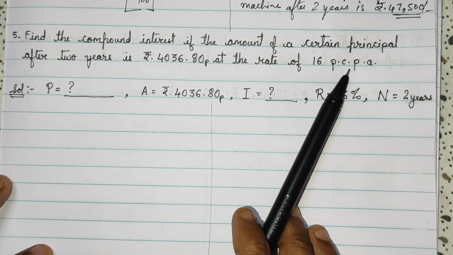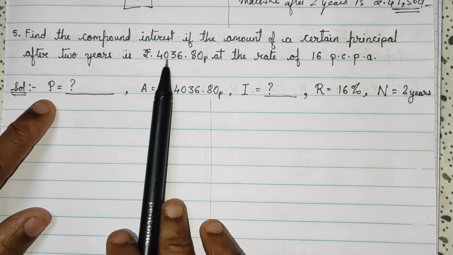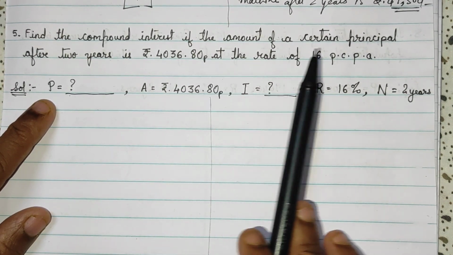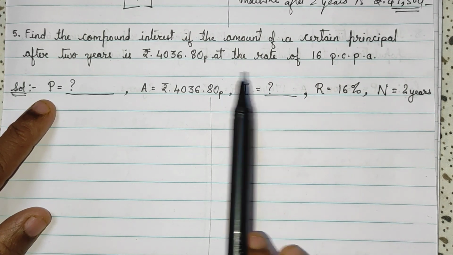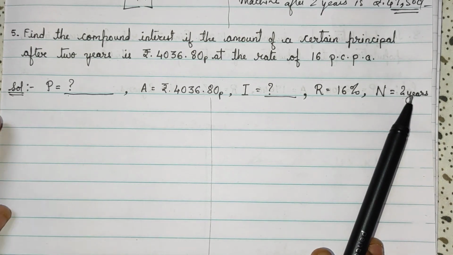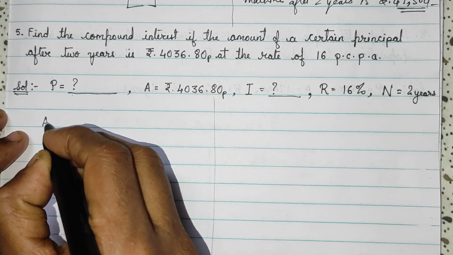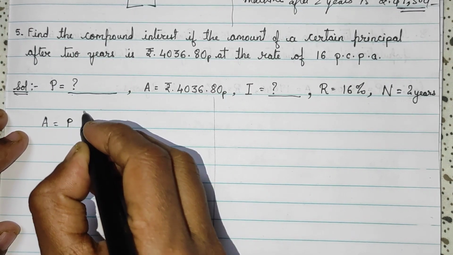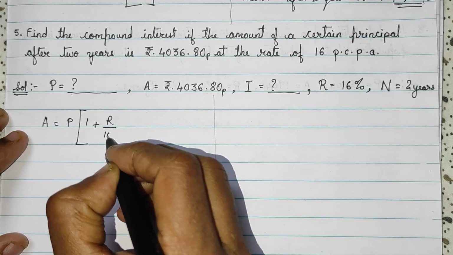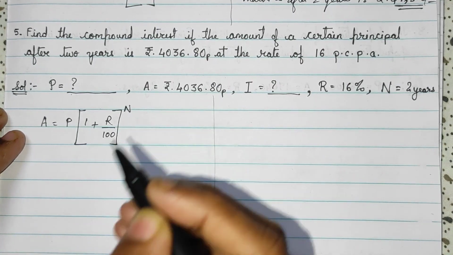Fifth question, find the compound interest if the amount of a certain principal after 2 years is this much at the rate of interest. So now we have to find out principal. Amount is already given, that is 4036.80, and interest we have to find out. Find the compound interest. Rate of interest is given, number of years is also given. So our formula is amount equals principal whole bracket (1 + rate/100) raised to n.